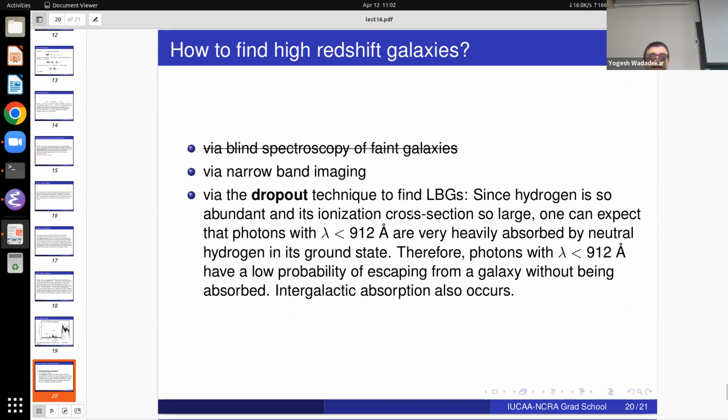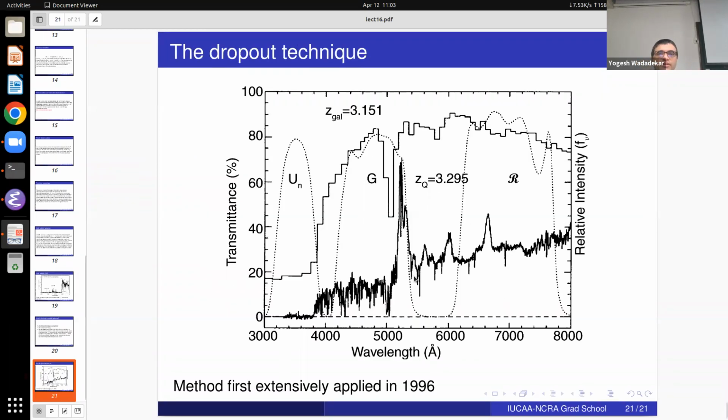Since hydrogen is so abundant and its ionization cross-section is so large, one can expect that photons below the Lyman limit are heavily absorbed by neutral hydrogen in its ground state. Therefore, photons with this energy have a low probability of escaping from a galaxy or traveling through the IGM without getting absorbed. So those are the objects that we can use.